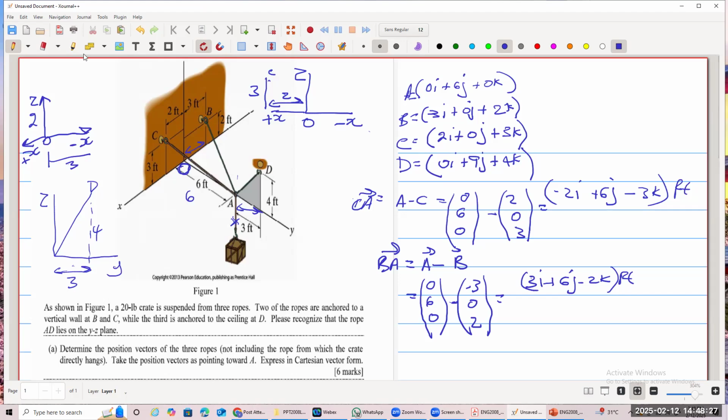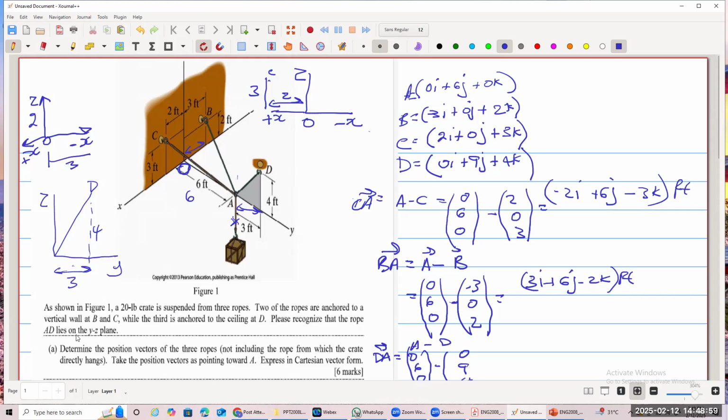The last one here we need to write is DA. DA is equal to A minus D. A again is 0, 6, 0, and D was 0, 9, 4.